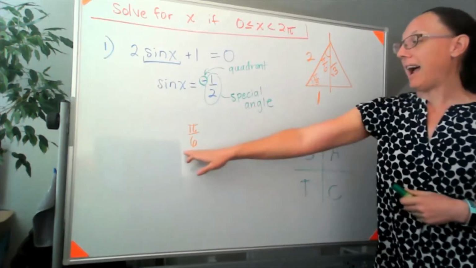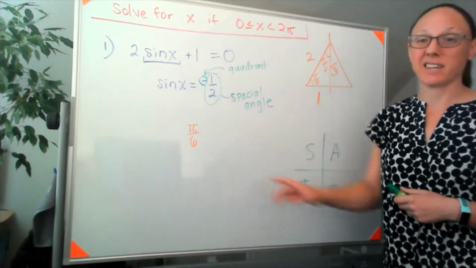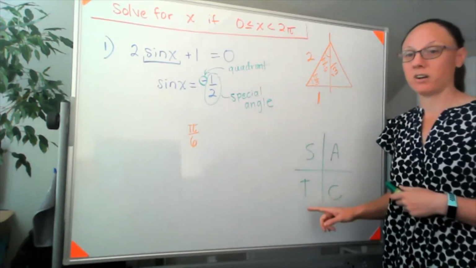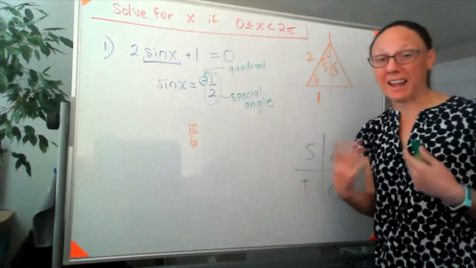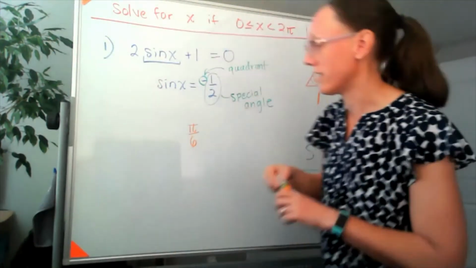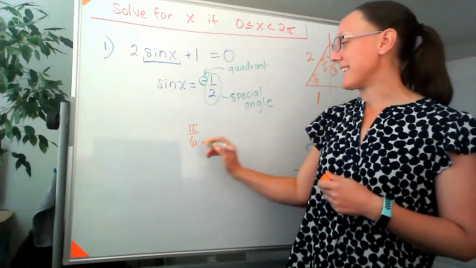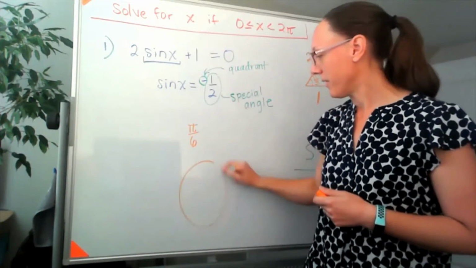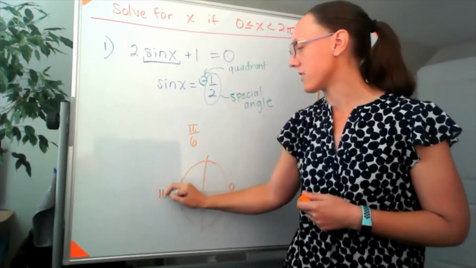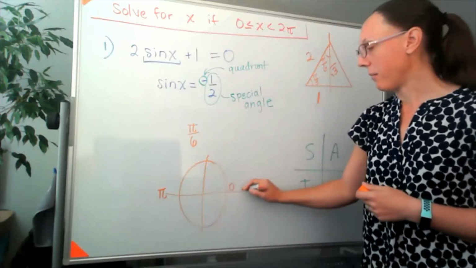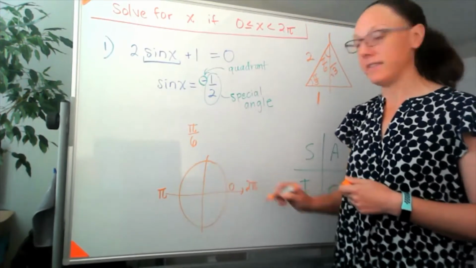Now, I know that I need to place pi over 6 in quadrants 3 and 4 so that I'm dealing with that negative. And the way that I place that into quadrants 3 and 4 is I think about my unit circle. Here's 0 and here's pi. And if I kept going, that's 2 pi.